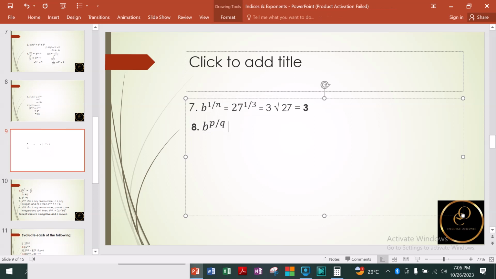This is the same as, if we have, for instance, let's say, 64 is the base.